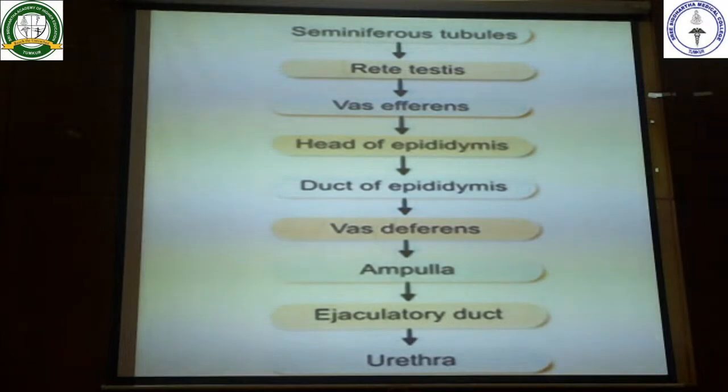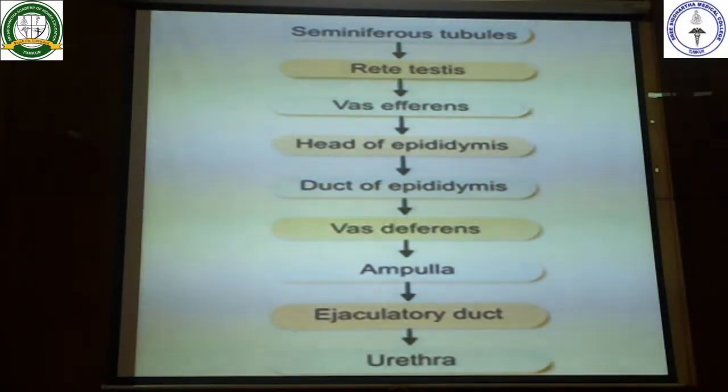So this flow chart, we can easily summarize, right? It starts from the seminiferous tubules inside the testis, then the seminiferous tubules end in the rete testis, and from the rete testis, around 8 to 10 vasa efferentia arise, which convolute to form the head of the epididymis. This head of the epididymis continues as a duct, and finally it ends in the vas deferens.